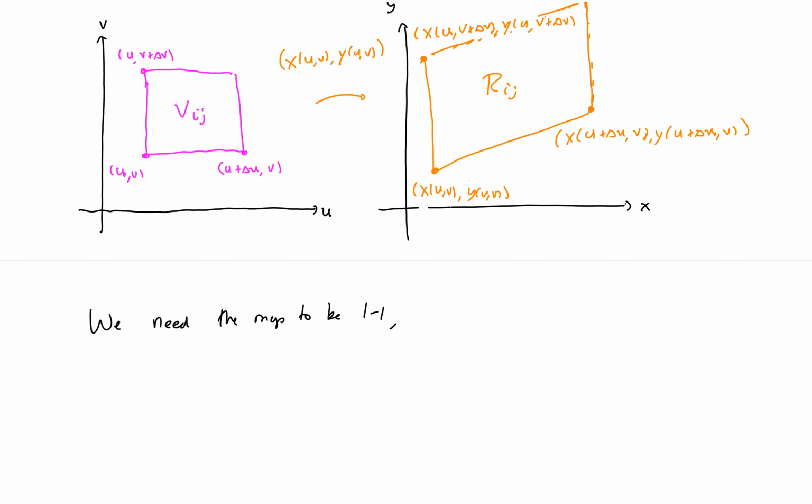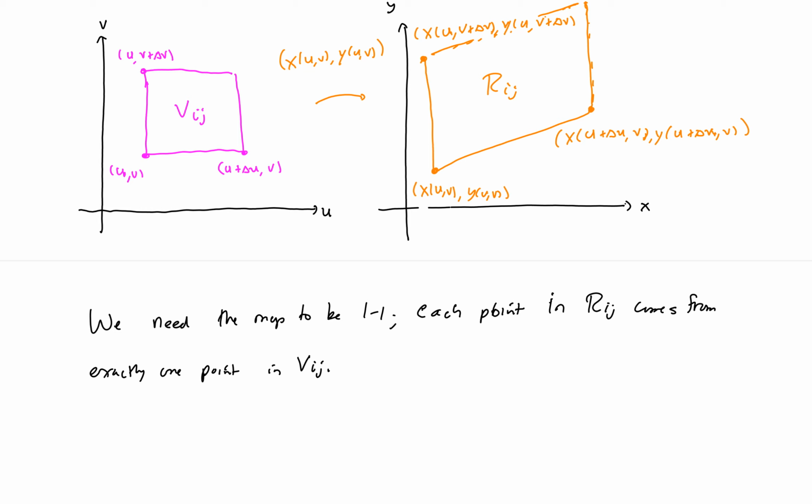So another way of saying that is each point in R of ij comes from exactly one point in V of ij. So you can think of you're taking the V of ij and you might be stretching it out in some different directions, but each point in Vij goes to only one point in R of ij, and each point of R of ij comes from exactly one point in V of ij. So just think of V of ij like being elastic, and you're going to stretch it in some different directions, but you're not going to fold it on top of itself or anything crazy like that. You're just going to stretch it out so it fits.